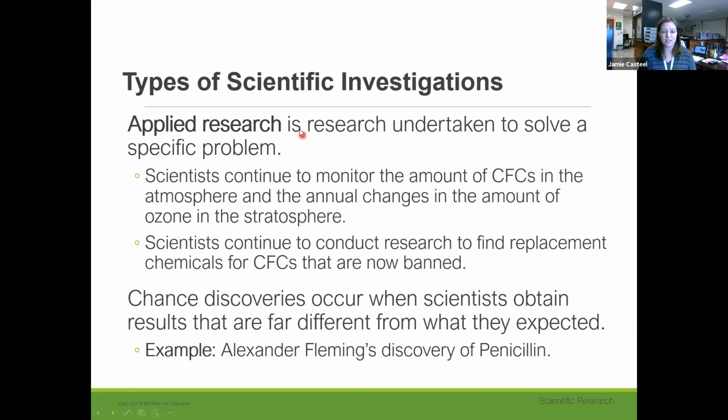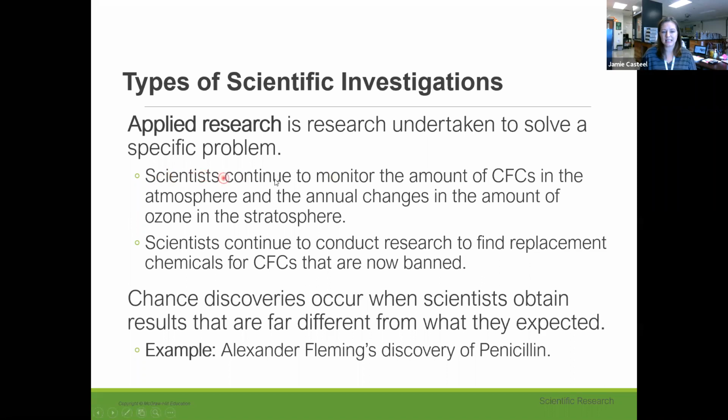Applied research is research undertaken to solve a problem. So this research is like, how do we get that vaccine? How do we get a vaccine that will keep people from getting sick from this virus? Or in the CFC situation, how do we have to affect the amount of CFCs to fix the ozone layer?